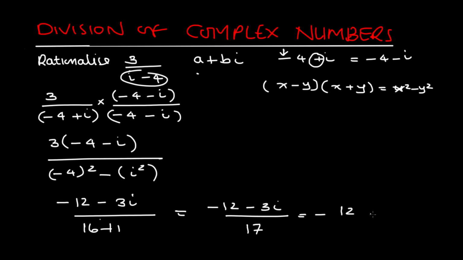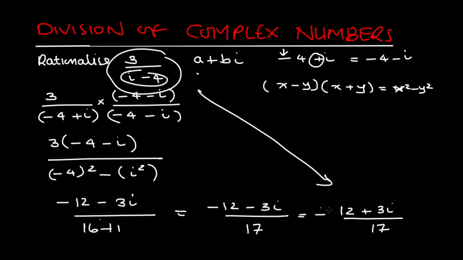You can say 12 plus 3i over 17, because this negative now is in front of the whole complex number. So this would be this same number, but now in rational format, where you have a real number they're dividing.